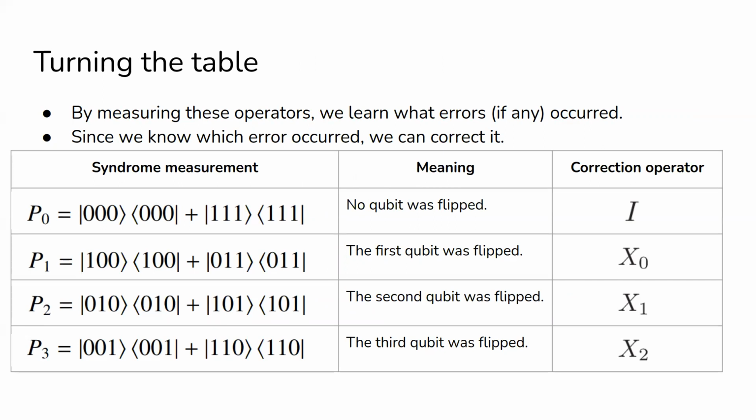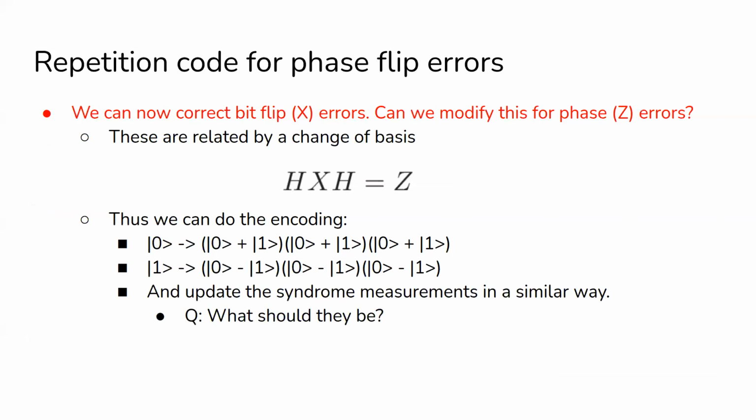Yeah, go ahead. In this case, do you need to worry about error for the Hadamard? Yes, but we're assuming for now that there won't be an error there. It's a great question. As I mentioned in the first lecture, in practice, you have to account for errors occurring anywhere, and that's the realm of fault tolerance.